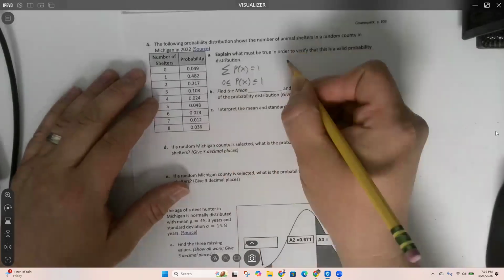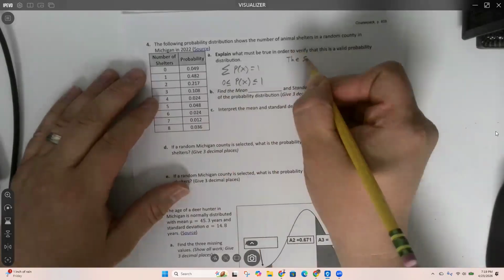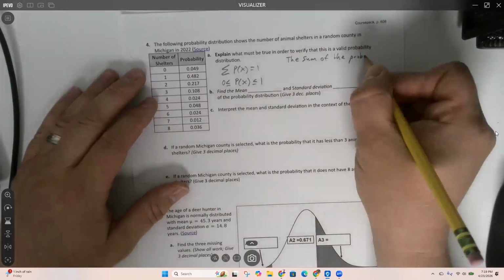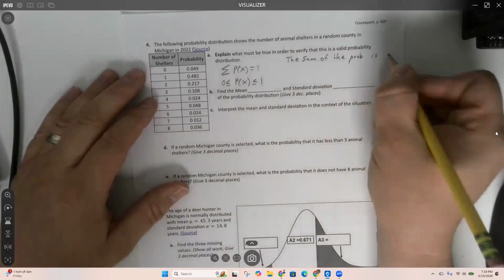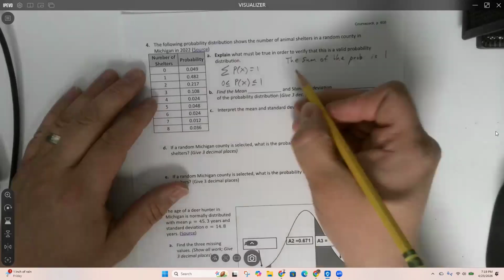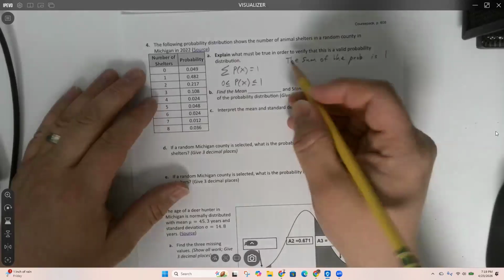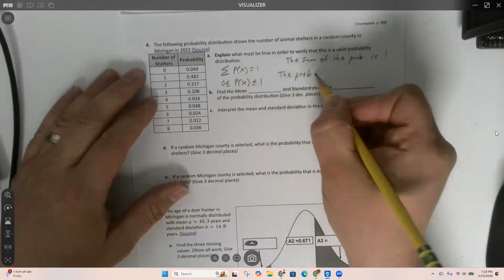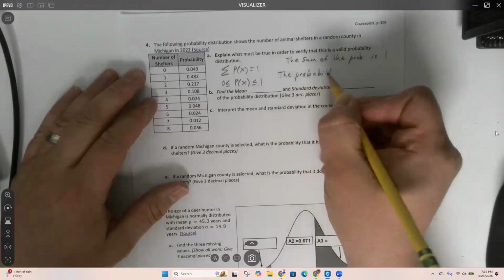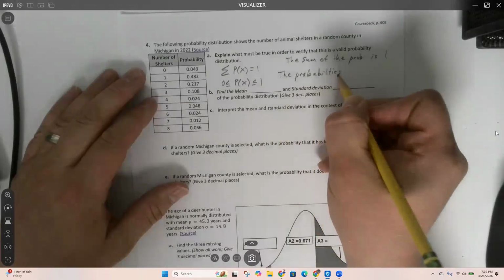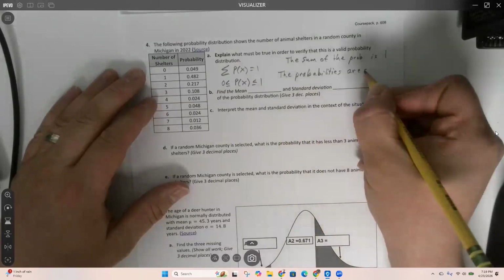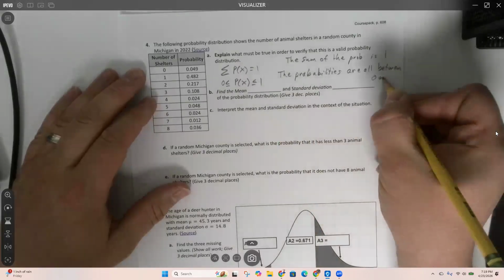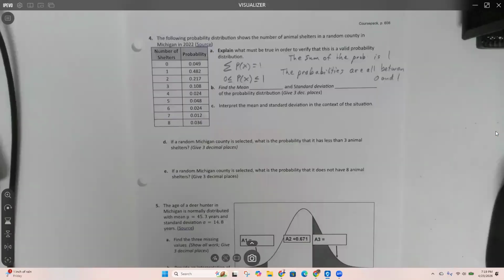So the sum of probabilities is 1, and the probabilities are all between 0 and 1. Either of those is fine.